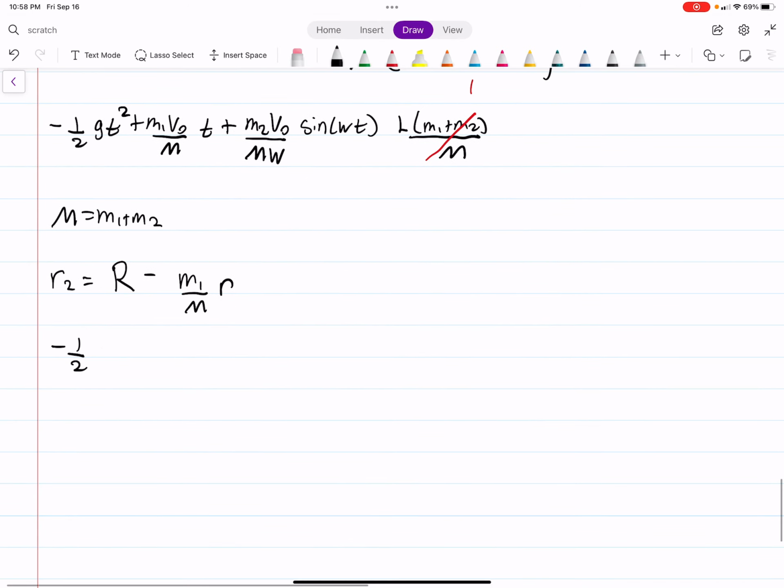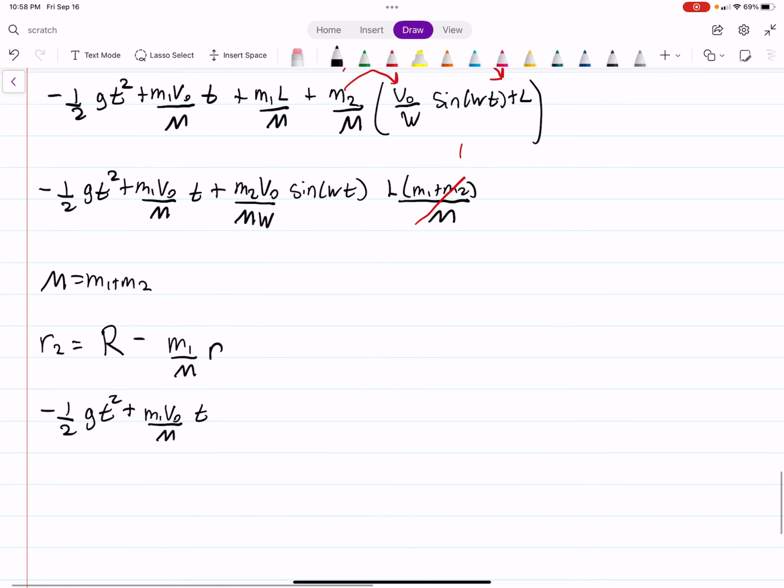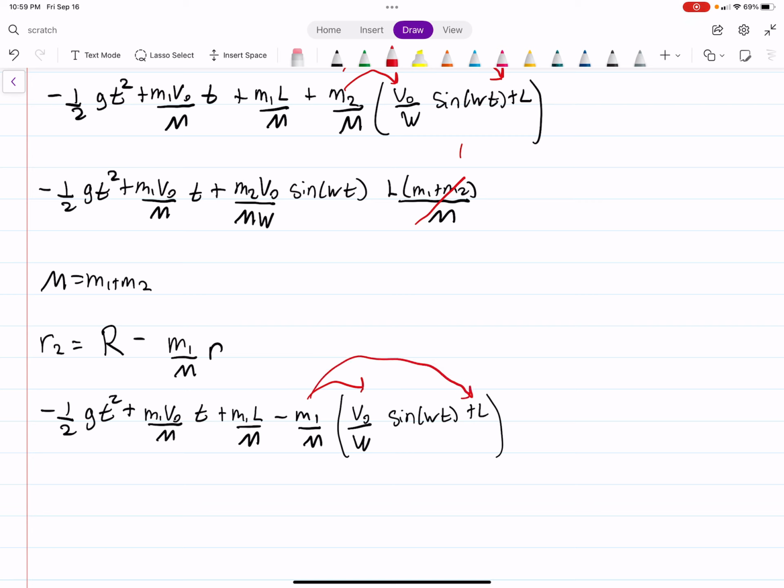So you get minus 1/2 g t squared plus m1 v naught over big M t plus m1 L over big M minus m1 over big M v naught over omega sine of omega t plus L. And this time, if you distribute, you'll notice that this term and this term will cancel.